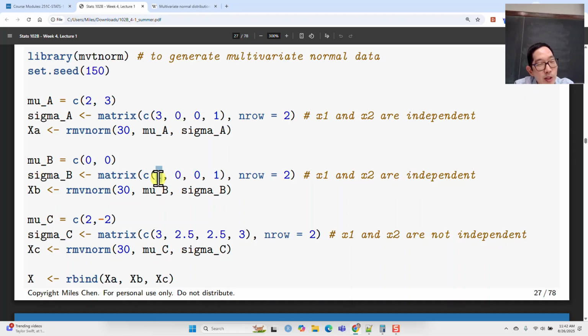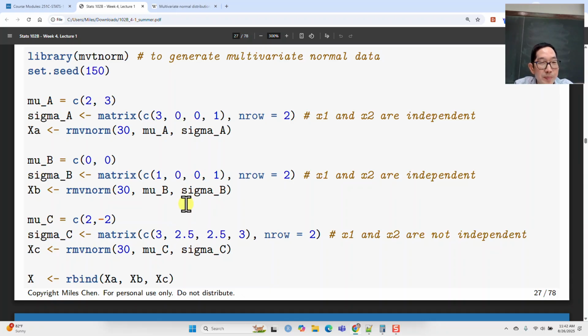So x1 has the same variance as x2, and there's no covariance, okay? And then class C, x1 and x2 both have variance of 3, but they also have covariance of 2.5, okay? So there's a positive covariance between x1 and x2.